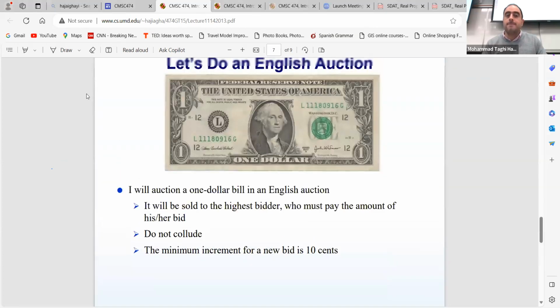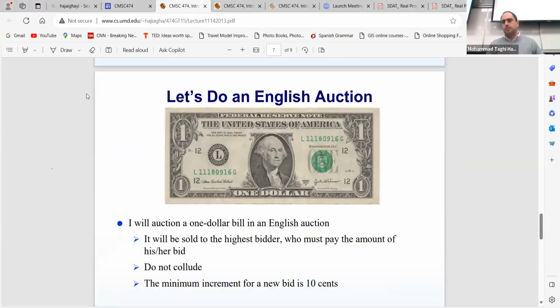Good. So when we did it with the English auction, we ran it essentially on $5 because I didn't have a $1 bill. So we ran it with $5 and we said that it should be at least a 50 cents increase. The person who won it got $4.75. And we discussed that these are the rules of the auction, because you need to go at least 50 cents up, and this is the best strategy.